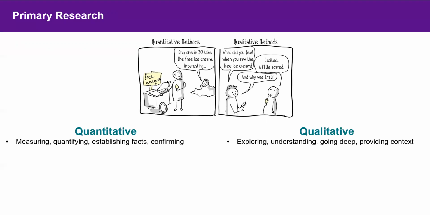So we have hypotheses and we want to actually measure whether those are true or not. On the flip side, qual is much more about exploring. It's much more about going deep and understanding and providing a lot of context. And it tends to be more flexible in that way.